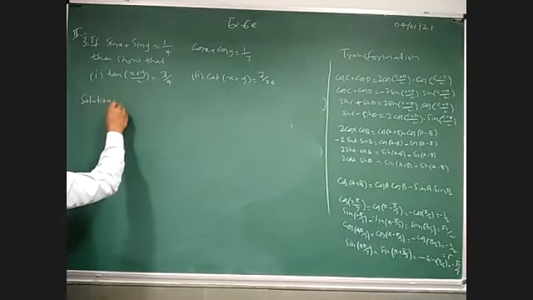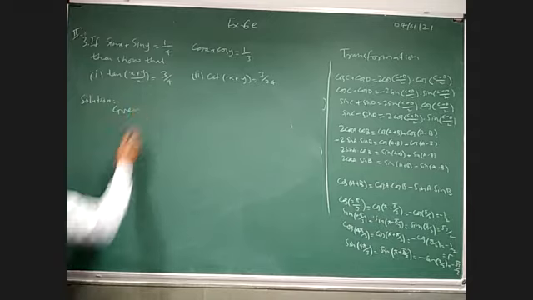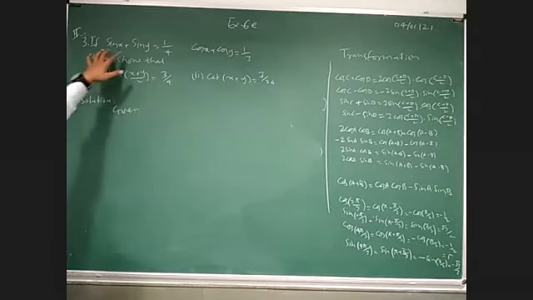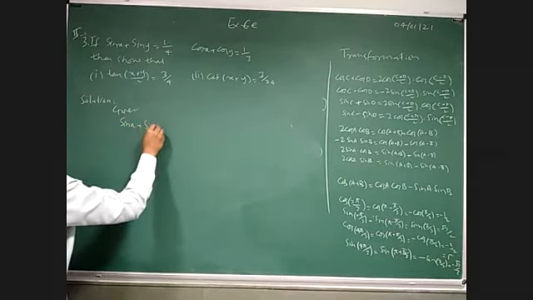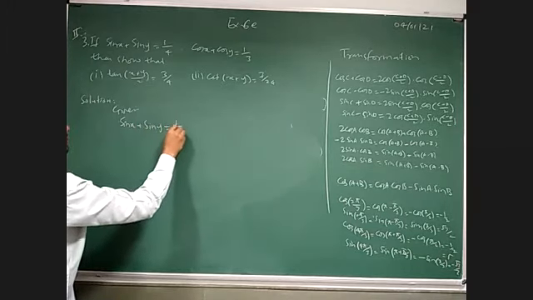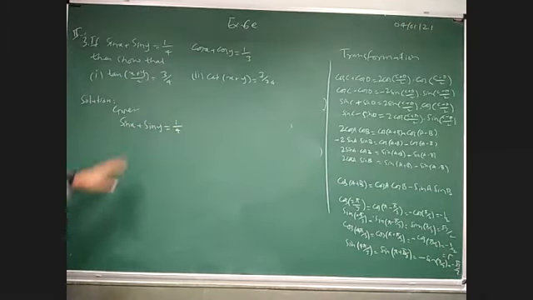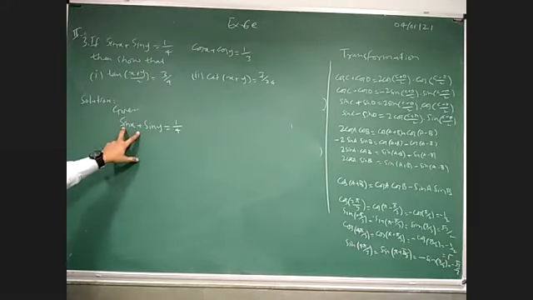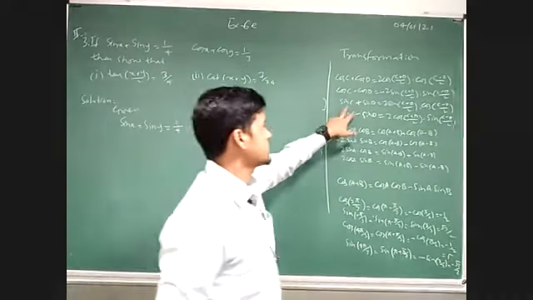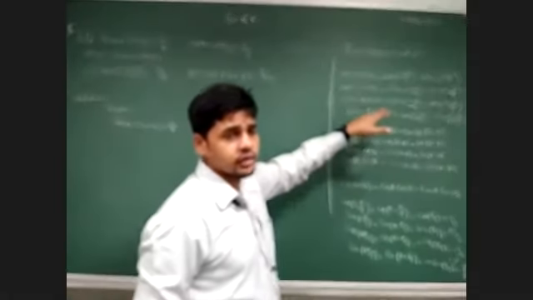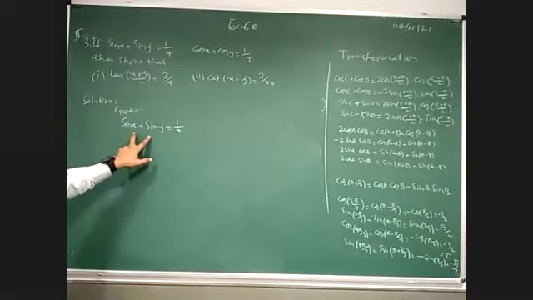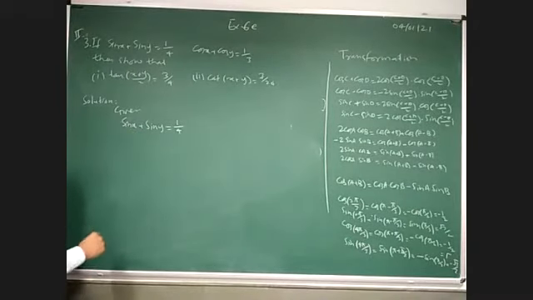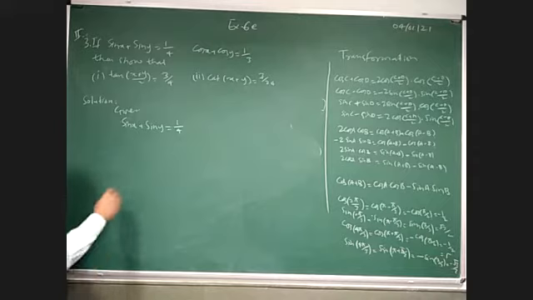First of all, what are the givens? Given that sin x plus sin y is equal to 1 by 4. Now I can use the sin C plus sin D formula here, because we have two different angles.